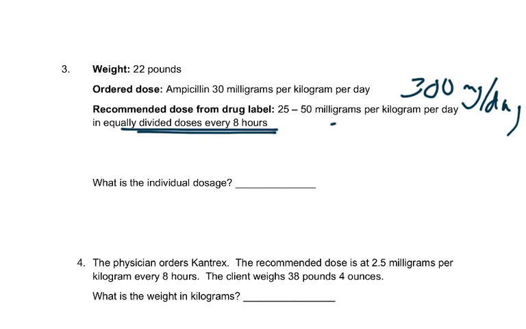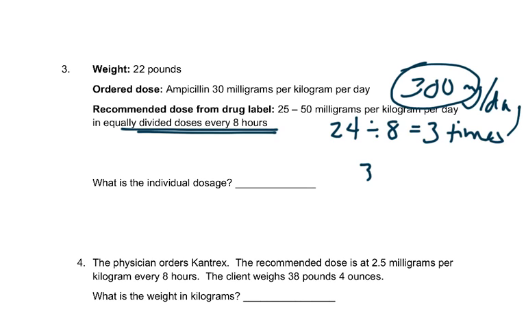Well, one day has 24 hours, and if we're giving it every 8 hours, take 24 divided by 8, and that tells us that we need to give it 3 times in a day. So if we're giving a total of 300 milligrams in a day, we need to take that and split it equally over those 3 times. So 300 divided by 3 gives us 100. So each dosage would be 100 milligrams.